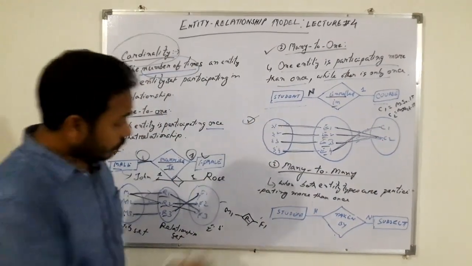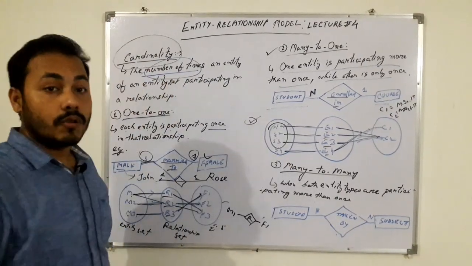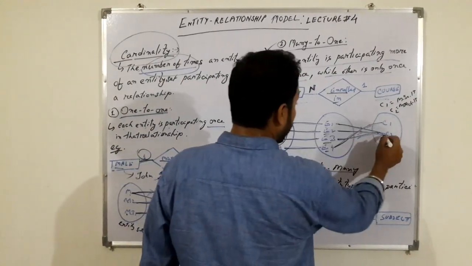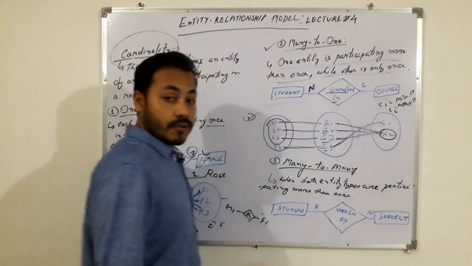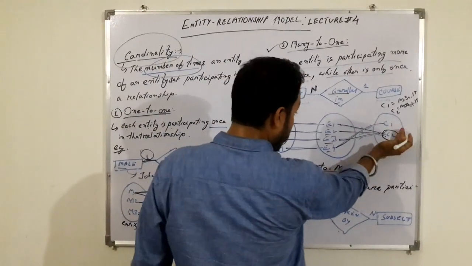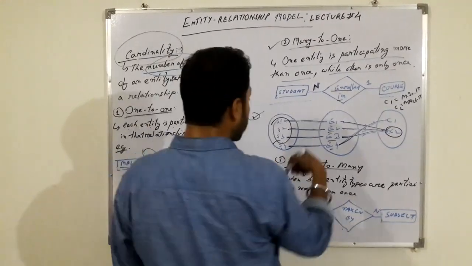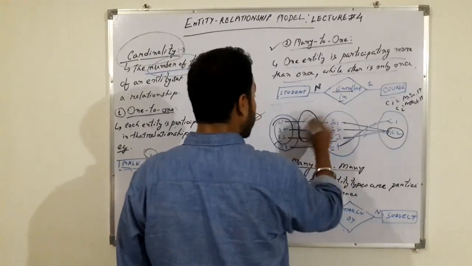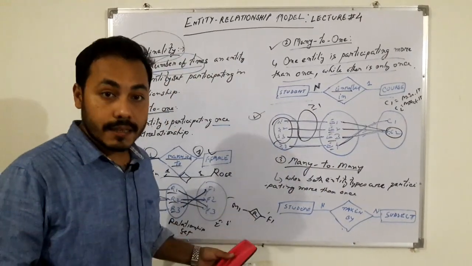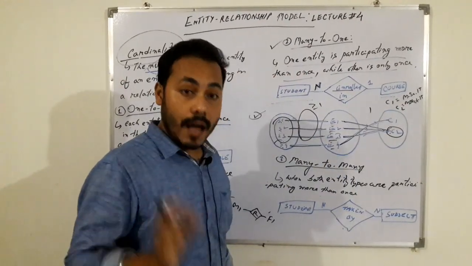So this means that from this side, 3 student entities are enrolled in one particular course, and S4 is enrolled in C1. But from the other side, that is not happening. Meaning, from this side more than one participation of the entity is allowed, but from the other side only one participation is allowed.